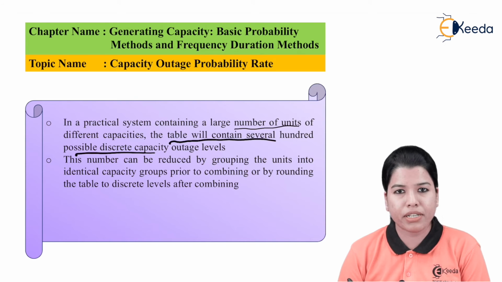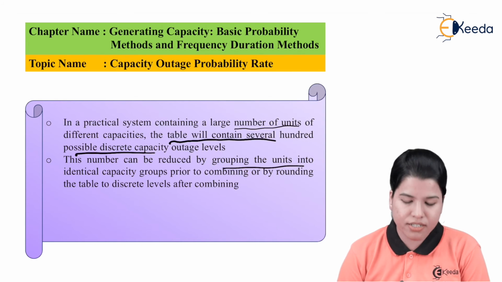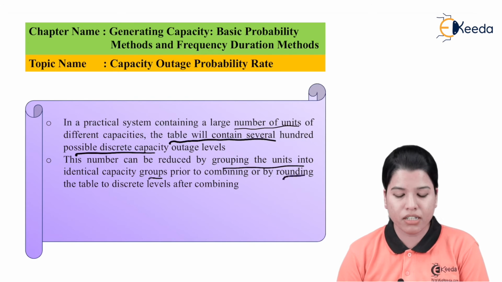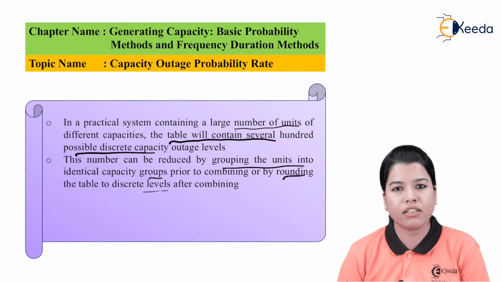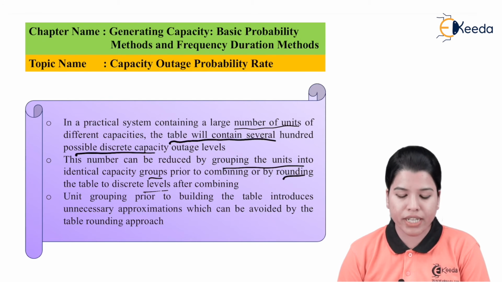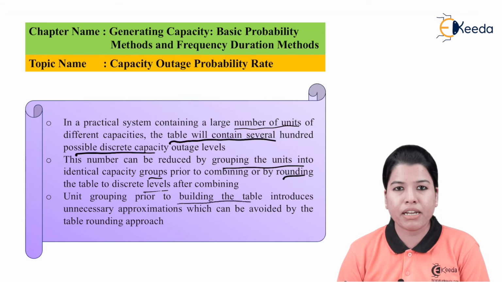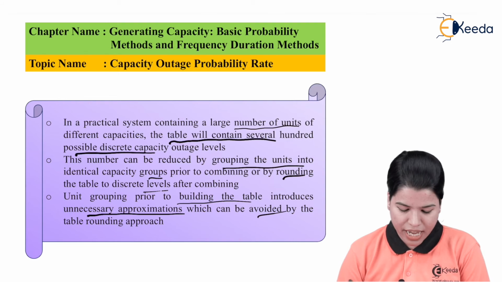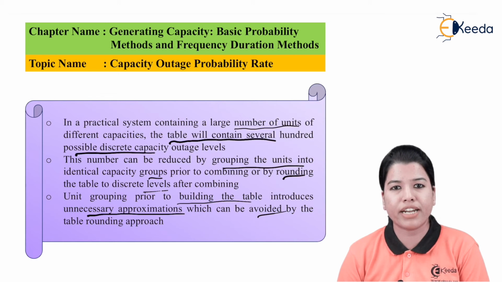But these numbers can be reduced by grouping the units into the identical capacity groups prior to combining them, or by rounding the table to the discrete levels after combining. So unit grouping prior to building the table will introduce unnecessary approximations which can be avoided by the rounding of table approach.